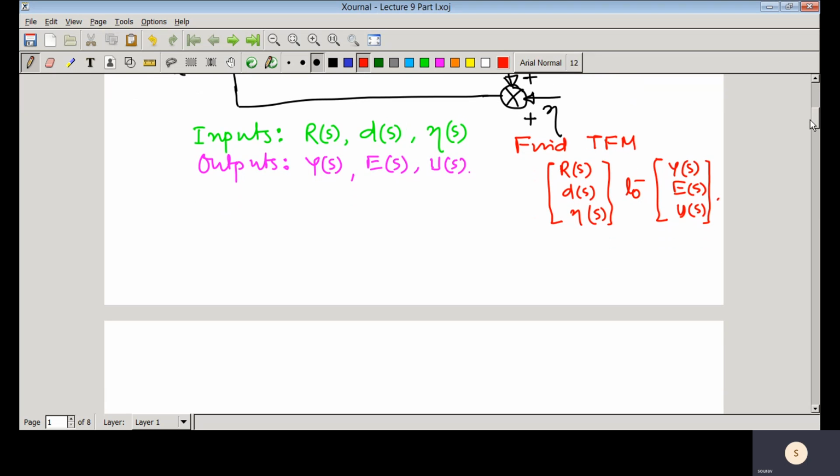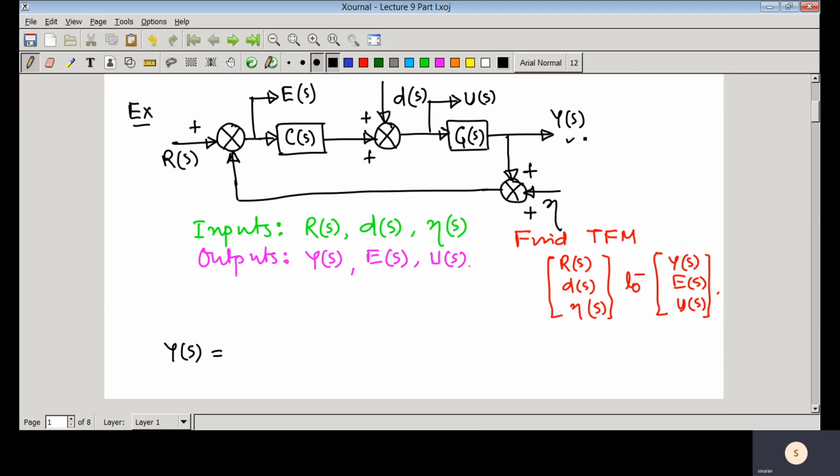We need to just write all the algebraic equations. So first we write Y(s). Here you can see that Y(s) equal to G(s) into D(s), so D(s) is entering here and another signal is coming here. This signal is basically C(s) into E(s).